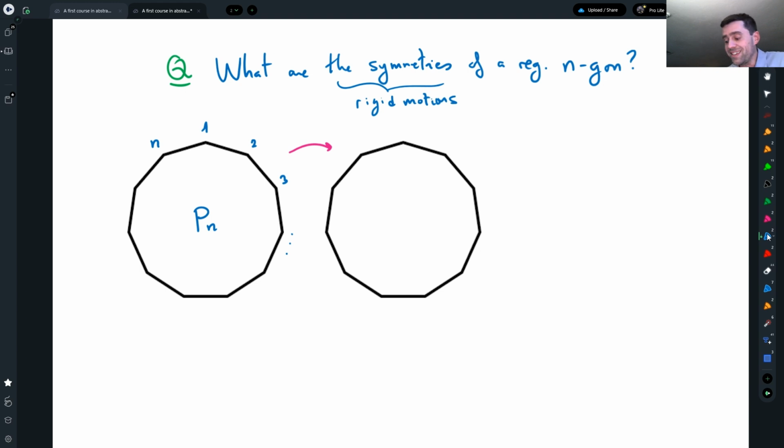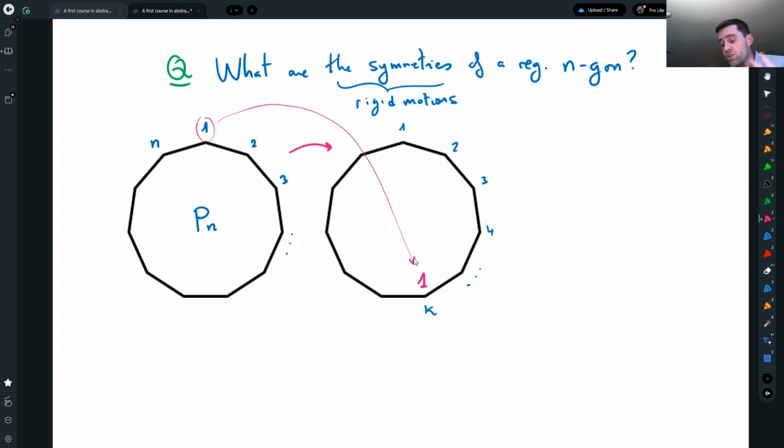Let's just see where one goes. Let's write the positions again here, 1, 2, 3, 4, etc., and the kth position, and suppose that one lands here. So one is sent to the kth position.